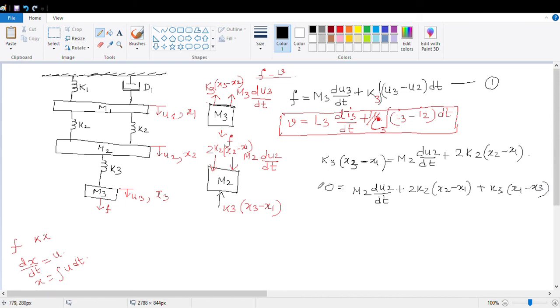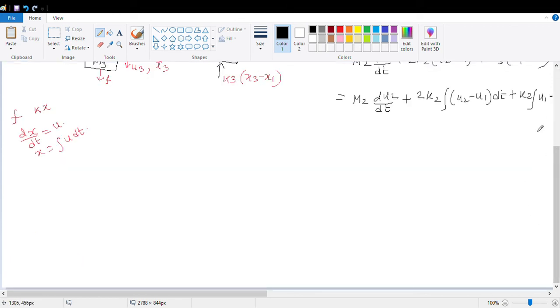So if I write it, m2 du2/dt plus 2 k2 integration of u2 minus u1 dt plus k3 integration of u1 minus u3 dt.